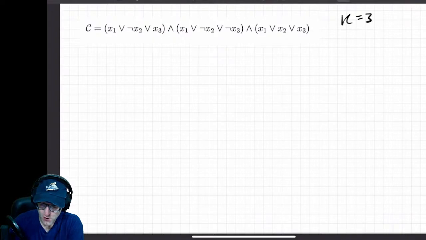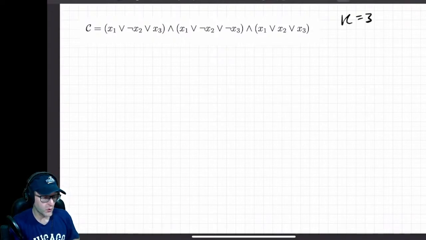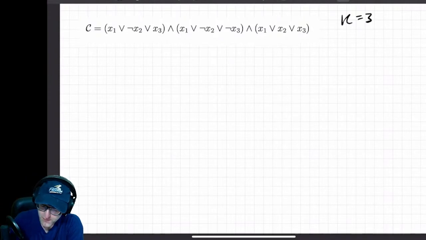Okay? We're going to draw a graph according to those 2 rules. Now, first of all, every literal or its negation will get a vertex. And so we'll end up having 3k vertices, or in this case, 9 vertices.